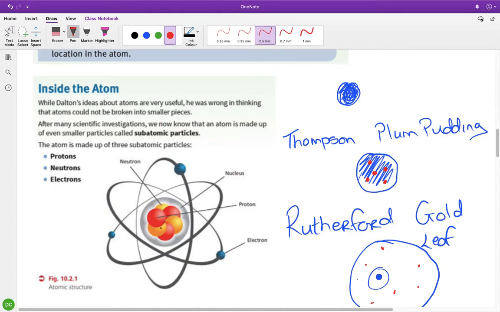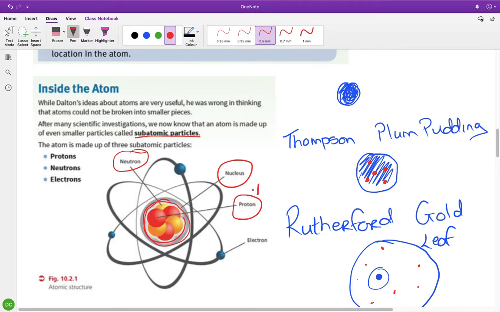So essentially what we know is, you can kind of see it here. In the center, in here, we have the nucleus. Inside the nucleus, there are two what we call subatomic particles. There's the word there, subatomic, okay? And the two things that sit in the nucleus are the protons and the neutrons.